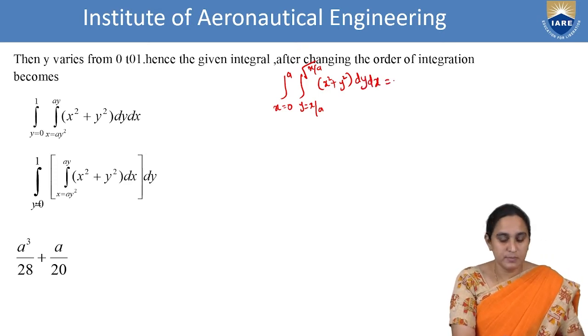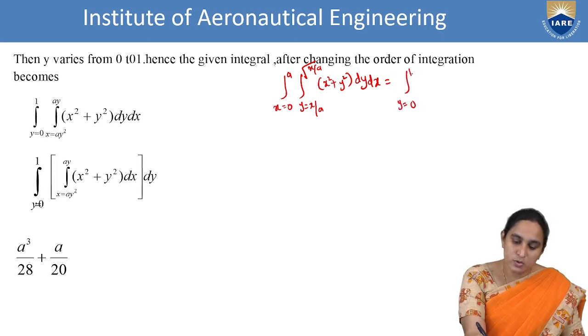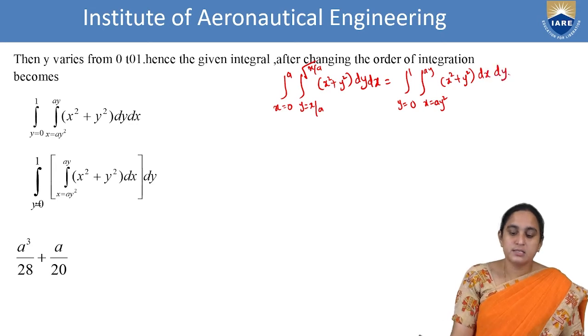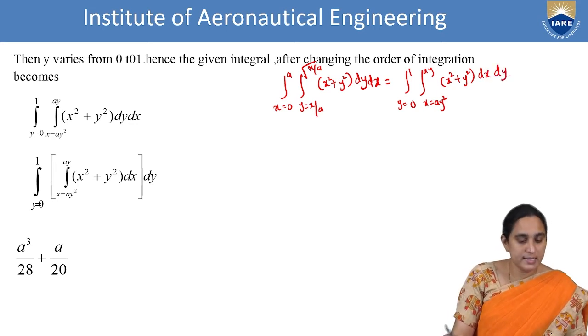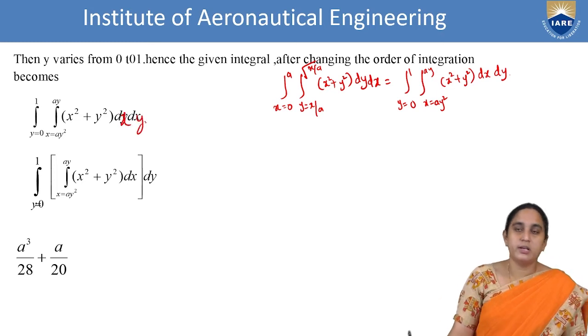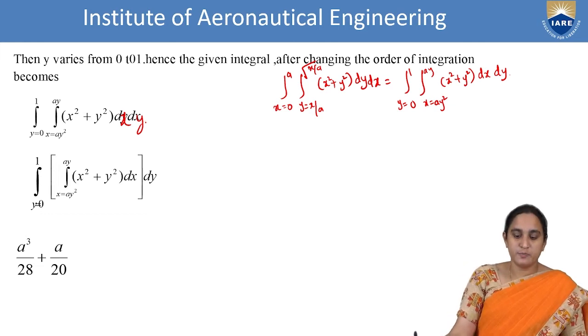Now I'll convert it by changing the order of integration: y is equal to 0 to 1 and x from ay square to ay, of x square plus y square dx dy. Here first write dx, after this dy. Now first integrate with respect to x.